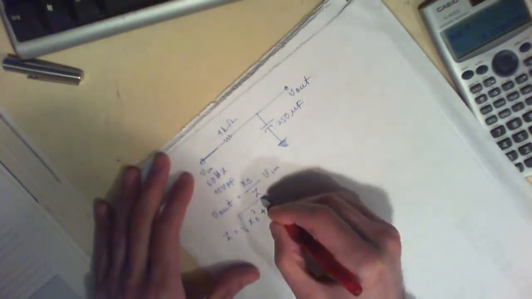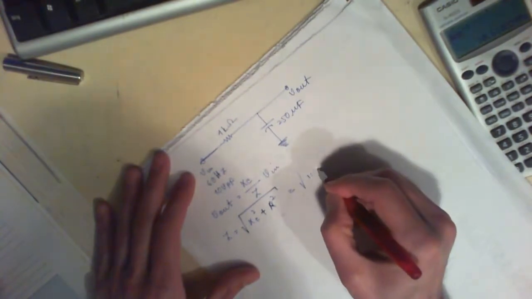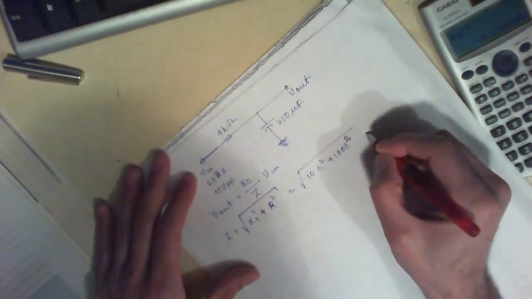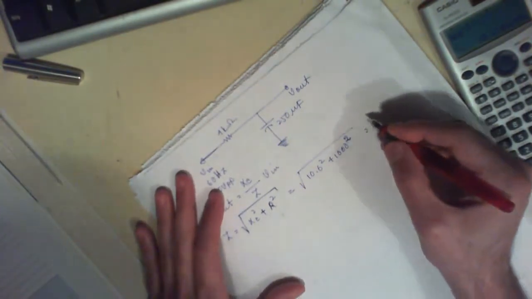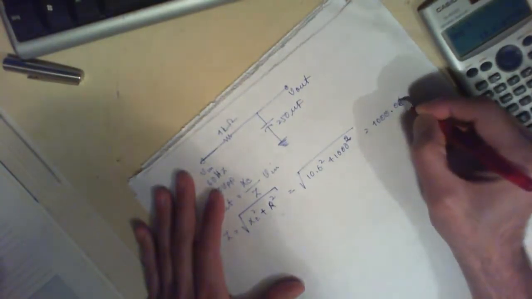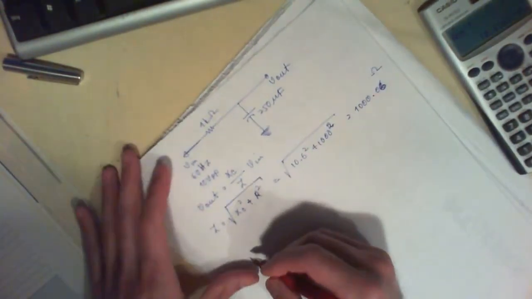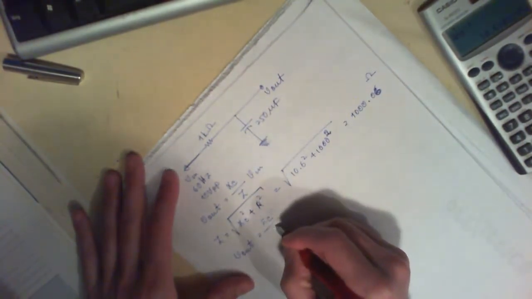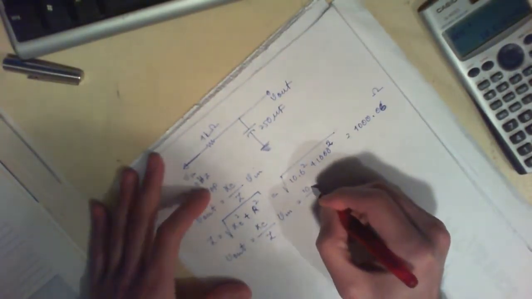So that's going to be equal to the square root of 10.6 squared plus 1,000 squared, which is equal to 1000.06 ohm basically. And then your V of out is going to be X of C divided by Z times V of in, which is equal to 10.6, if I'm not wrong.